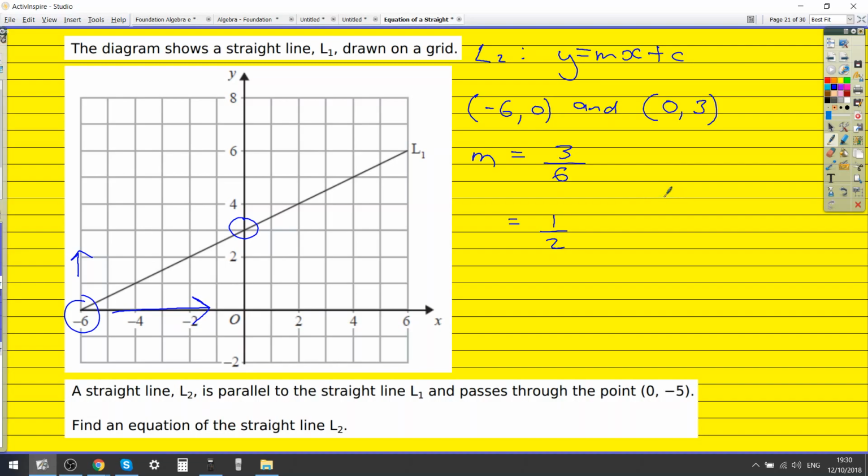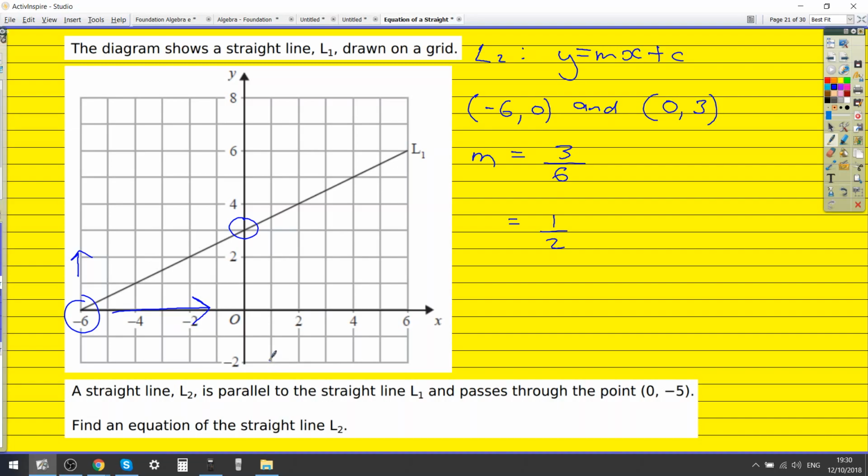Yeah. So what can you do with that? We're trying to find the equation of L2. Well, we know that it goes through 0, -5. So can we just plot those 2 points and then just carry the line on? 0, -5 isn't on this graph.